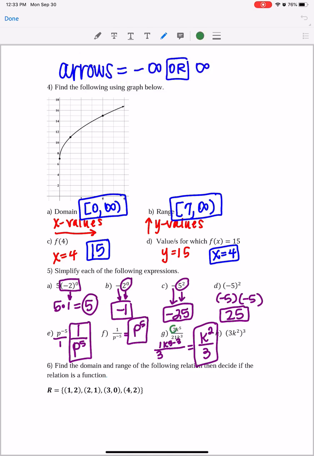So let me recap. 7 and 21 are both divisible by 7. So 7 divided by 7 is 1. 21 divided by 7 is 3. And then I'm subtracting my exponents. So I did 5 minus 3 to get to that 2.